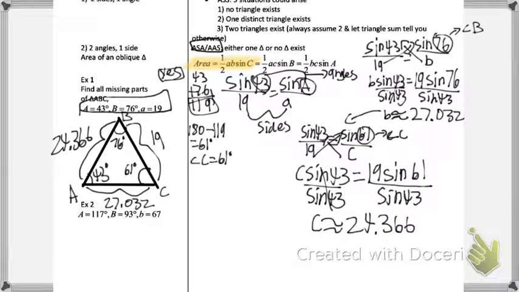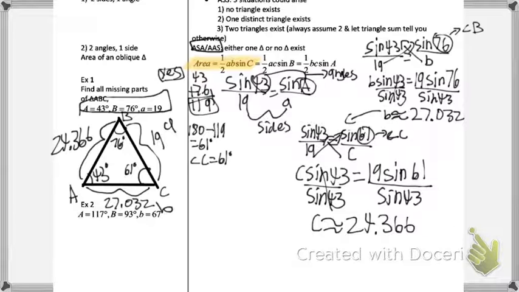So 1/2 times side A B times sine angle C. So the uppercase C is the angle and A and B are the sides. So this is side A and that's side B. So side A, side B, and angle C is 61 degrees.